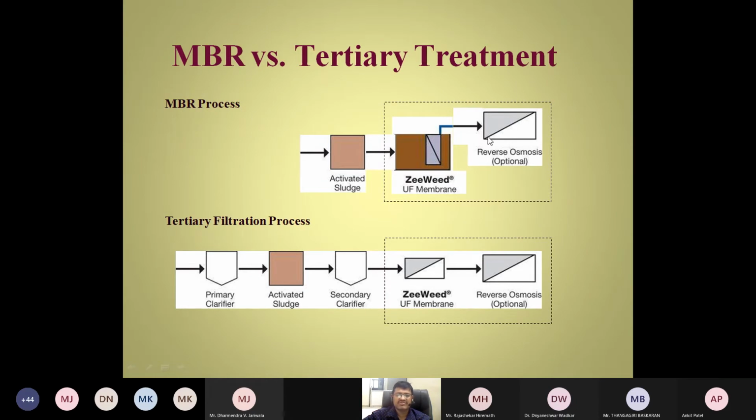If we want a tertiary treatment, we can have one other reverse osmosis process after this membrane process. If we want to reuse it in industries, we can have an RO system also where less TDS is required. Otherwise, we can go for only this UF membrane system.